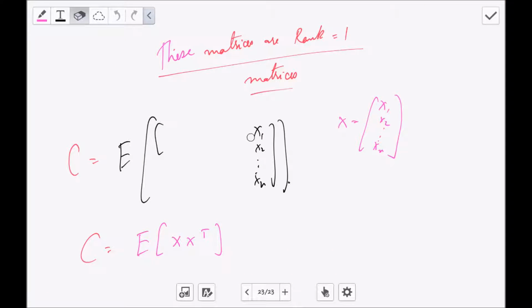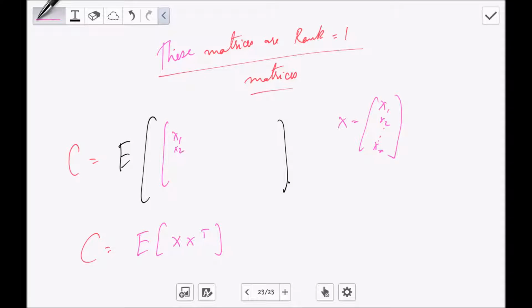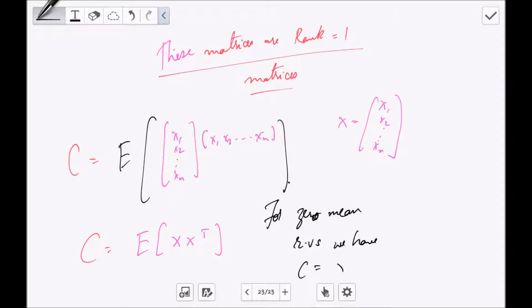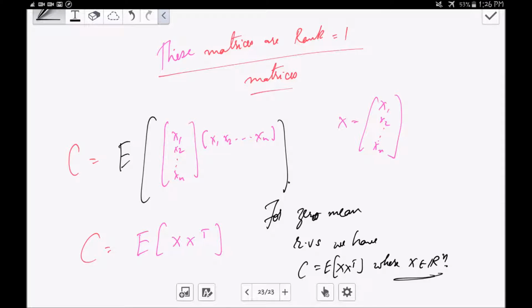Similarly, I have the tensor product here as that. So we define, for zero mean random variables, C is equal to the expectation of x x transpose, where x belongs to Rn.